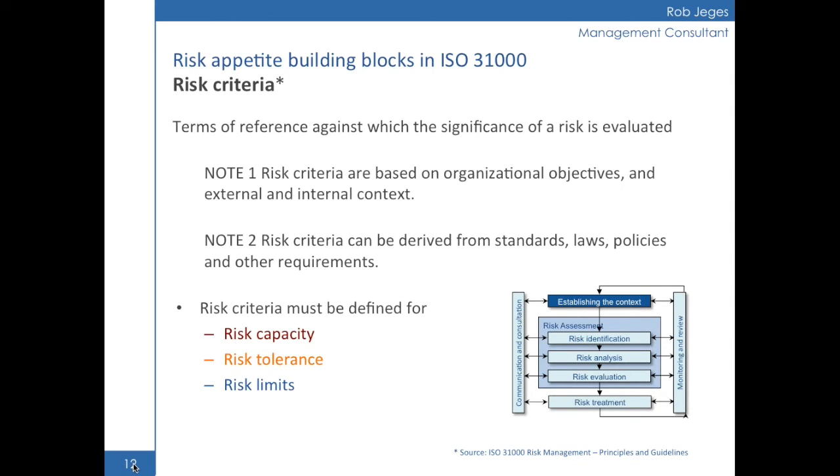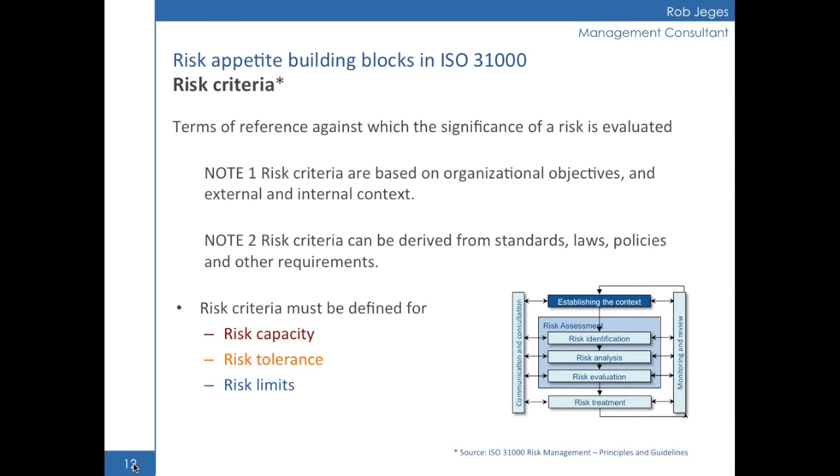Absolutely. Risk appetite is not a single number or parameter. To me, risk appetite is a collection of ideas. It's the capacity, the tolerance, the limits, the targets, and everything. So what we're doing now is looking at the places in ISO 31000 where these elements are identified, and we find them quite easily.